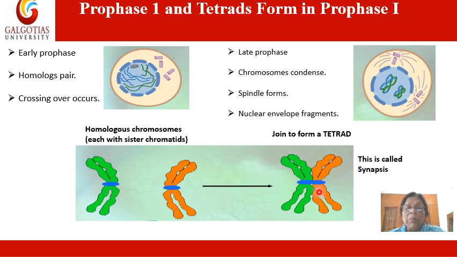Now the phenomenon of crossing over takes place: this chromatid pairs with this, and the exchange of genetic material, the exchange of genes, takes place. Some part of this goes to this and this to this chromatid.